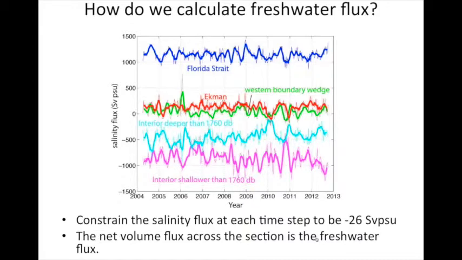So this part is informed by Argo, and this part is not, because it's deeper than it.